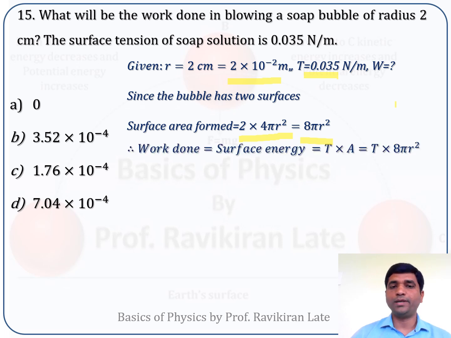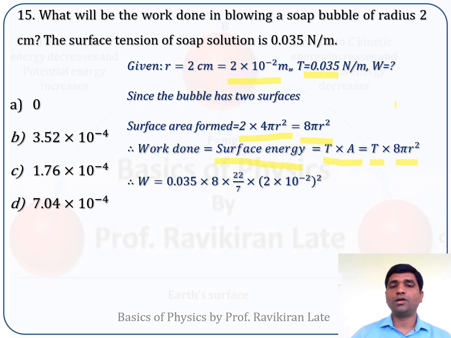Work done is nothing but the increase in surface energy, and surface energy is nothing but the surface tension into the increase in area. Surface tension is T and the increase in surface area is 8 pi r square, which we have calculated.